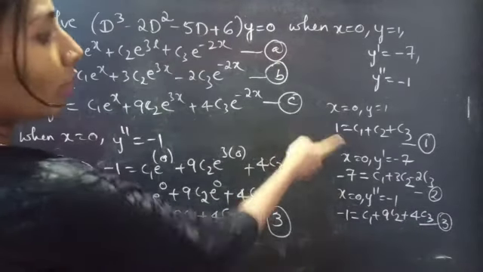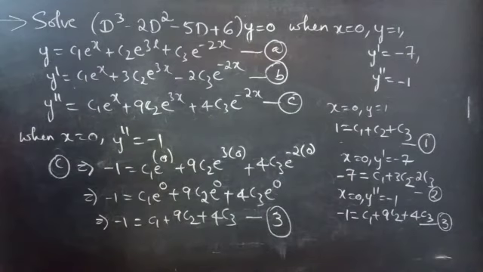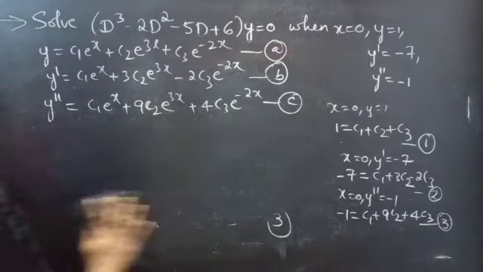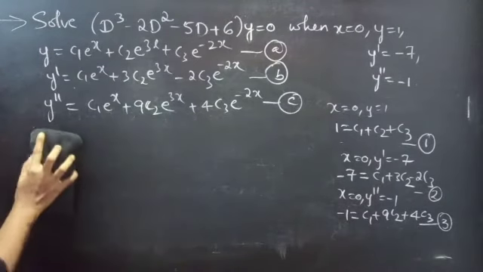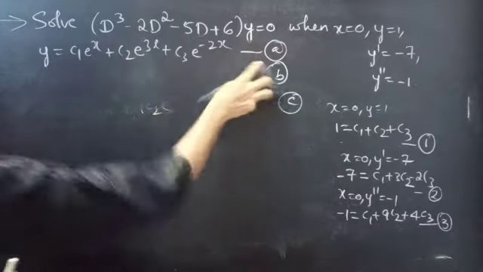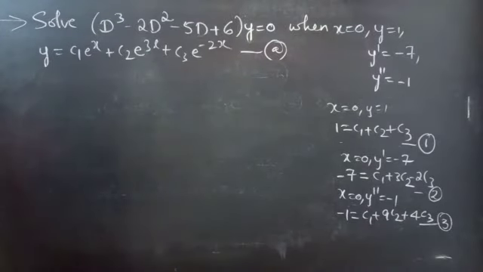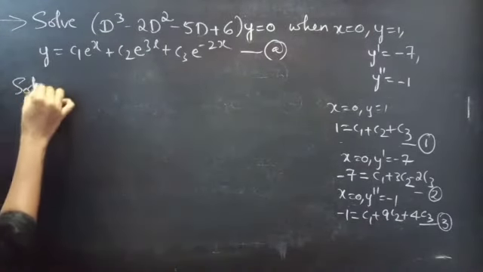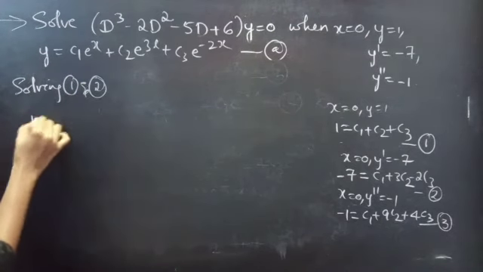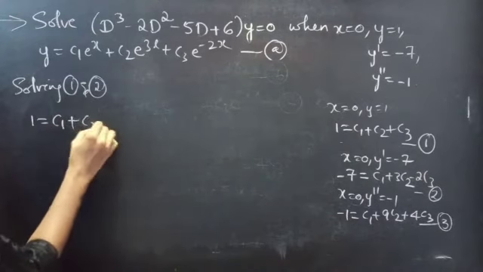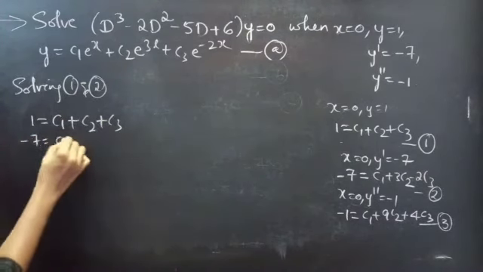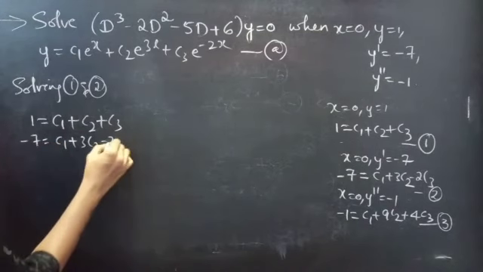Now we'll solve equations 1, 2, 3 to find c1, c2 and c3. Firstly, solving 1 and 2. We have equation 1: 1 equals c1 plus c2 plus c3, and equation 2: minus 7 equals c1 plus 3c2 minus 2c3.